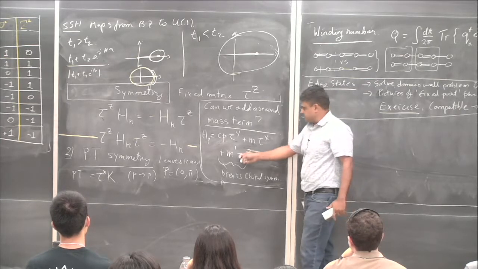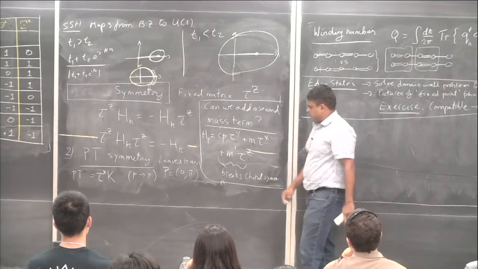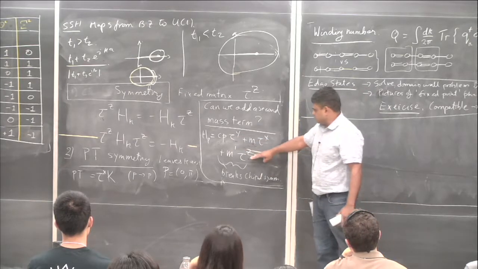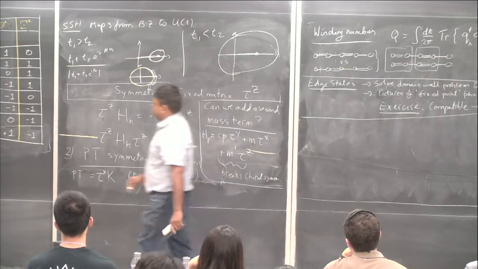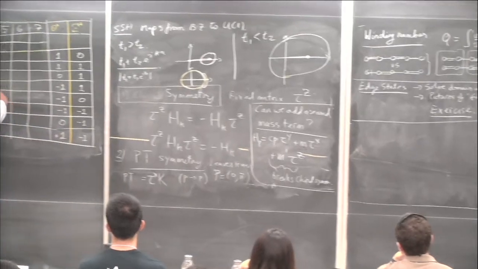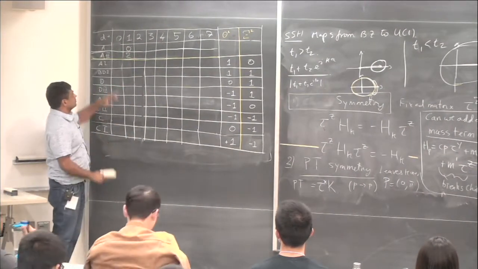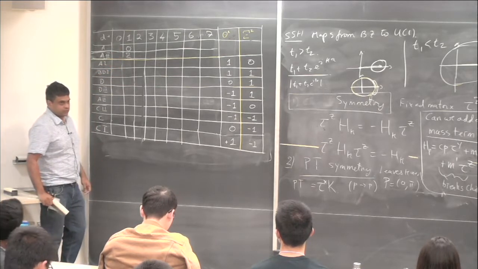So two mass terms, which means that you can go from one phase to another, avoiding any kind of phase transition. And you can also argue more generally that in this particular dimension, there are no topological phases. Okay, so I'll write a 0 over here, which will indicate no phases. Okay, no distinct phases.